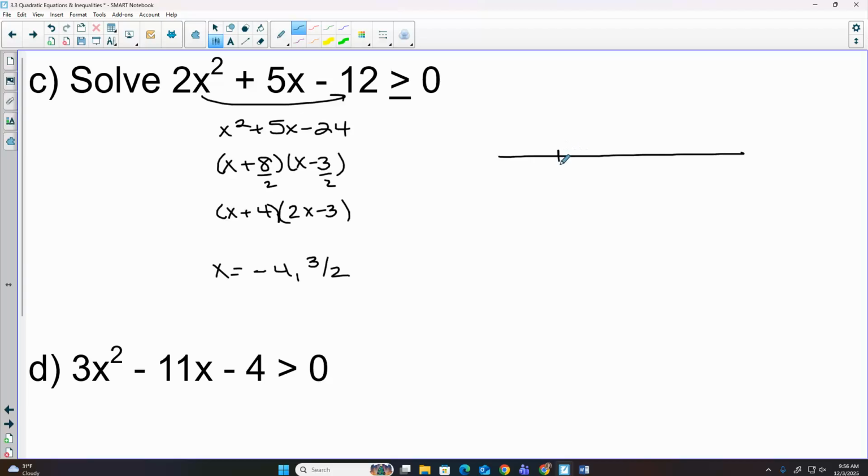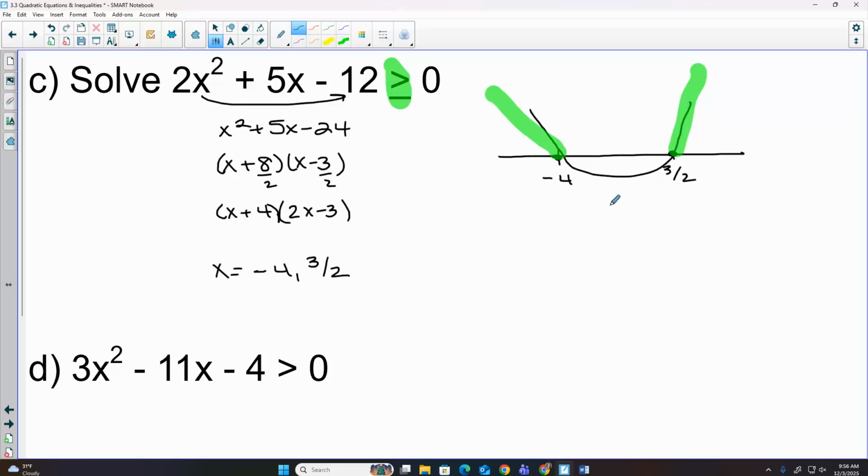Think about the graphs. Negative 4 and 3 over 2 are the two places it hits the x-axis. It was a positive 2x squared, so it's opening up. What answers did I want this time? Positives, greater than 0. So that's these two sections.